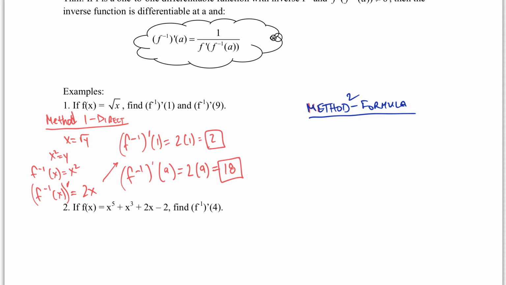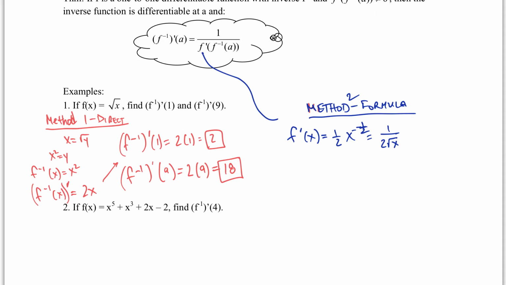The formula says I need the derivative right here. So f prime of x will give me 1/2 x to the negative 1/2, and I'm going to rewrite this as 1 over 2 root x. The formula also says I need the inverse value at a.